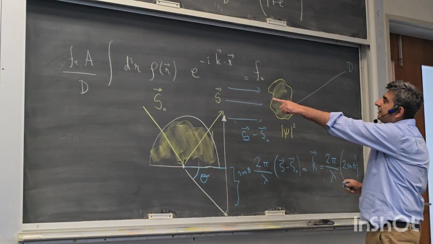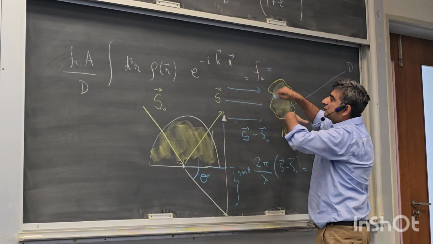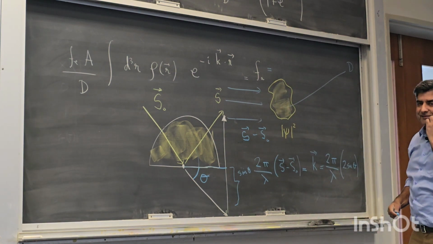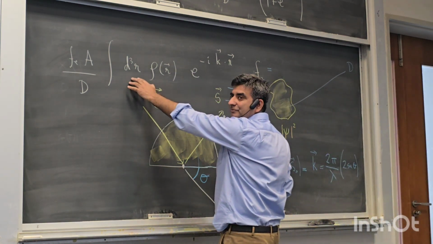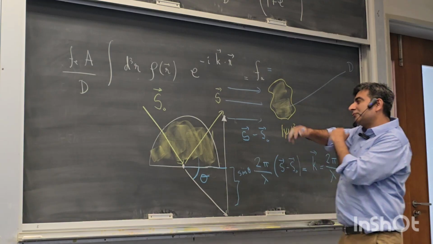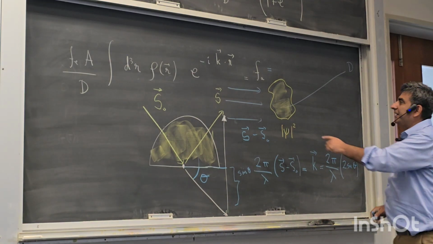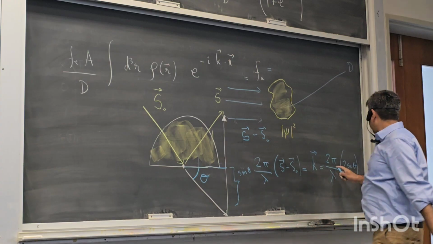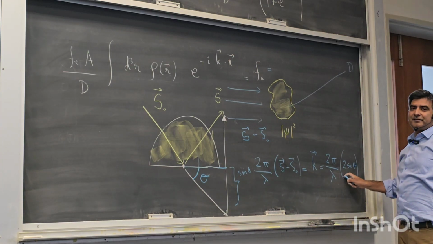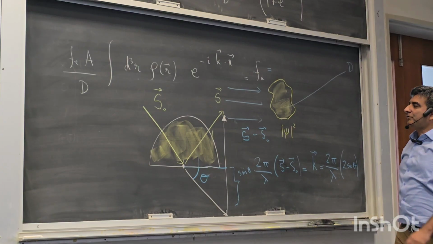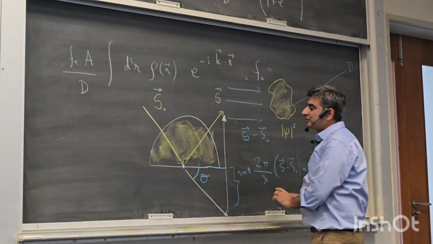Therefore, if I would like to solve this integral, which is a 3-dimensional integral over volume, I could replace this k with 4 pi over lambda sine theta. I also need to know what kind of electron I'm talking about.